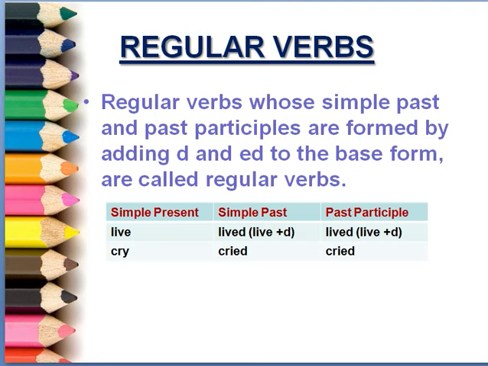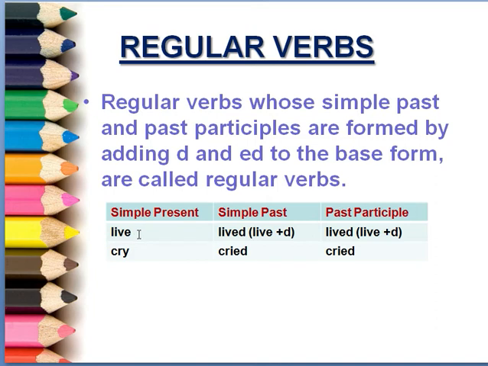Regular verbs. Regular verbs, those simple past and past participles, are formed by adding d and ed to the base form, are called regular verbs. Here you can see simple present, simple past and past participle.